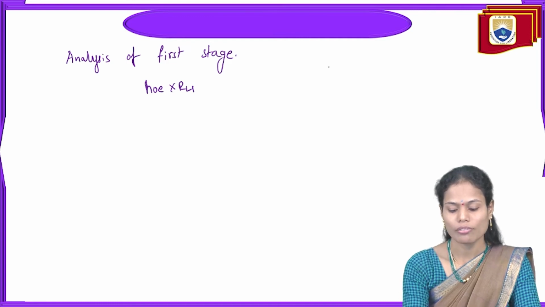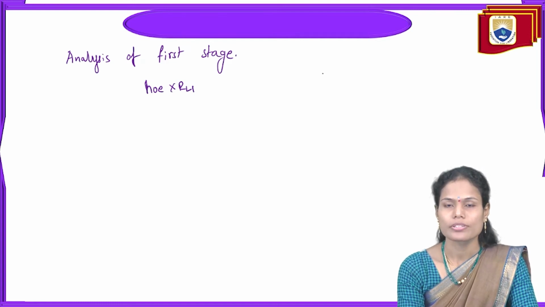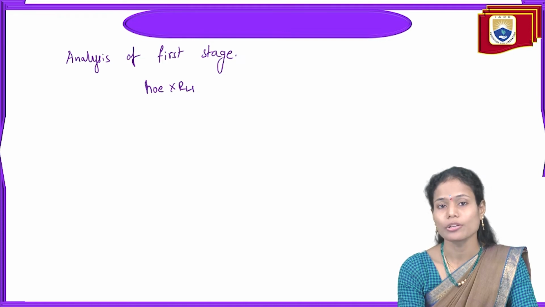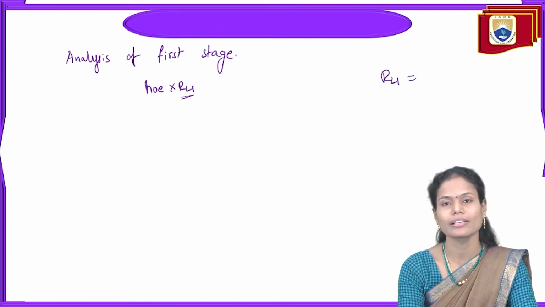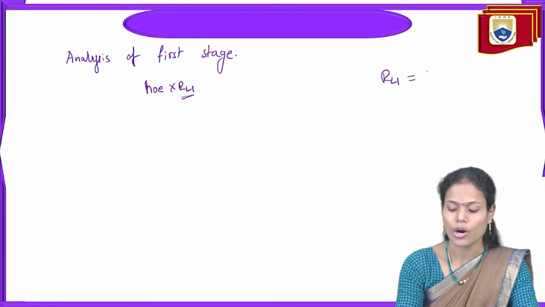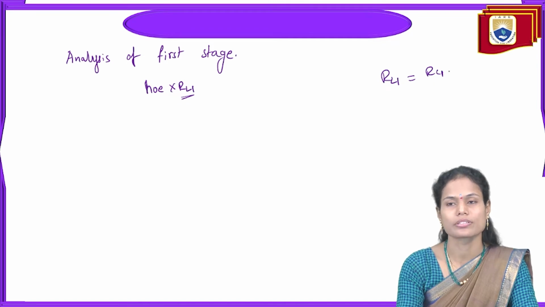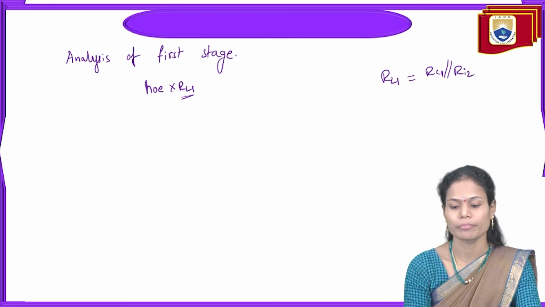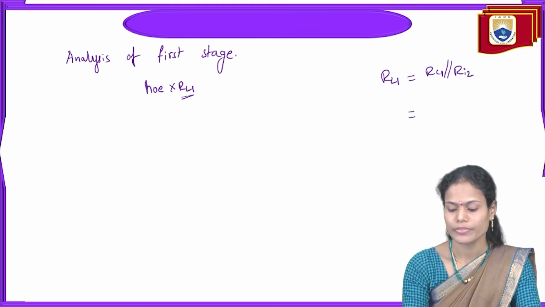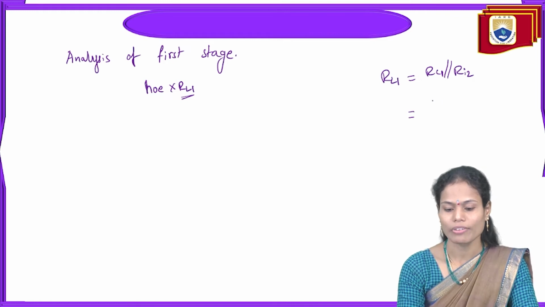Here the output resistance of the first stage always acts like the input resistance of the second stage. To calculate the RL1 value, we have to take the parallel combination of the output resistance of the first stage, that is RC1, with the input resistance of the second stage, RI2.